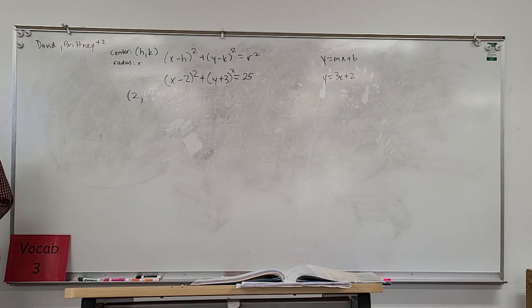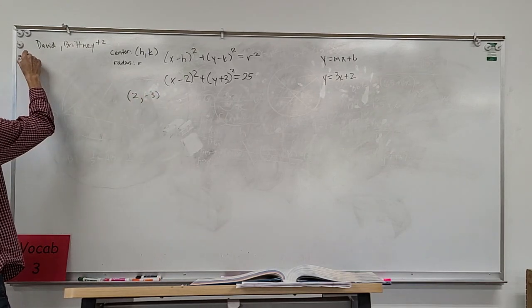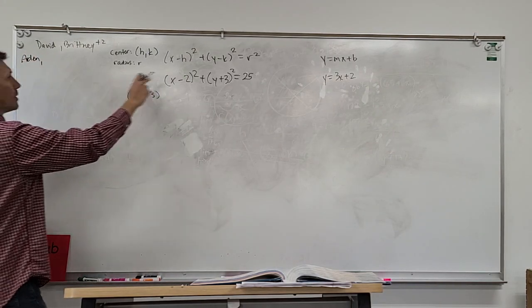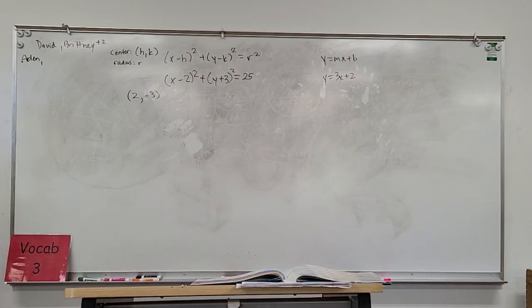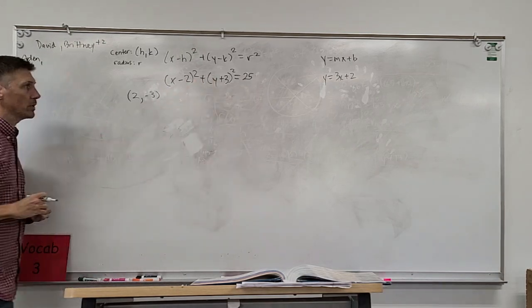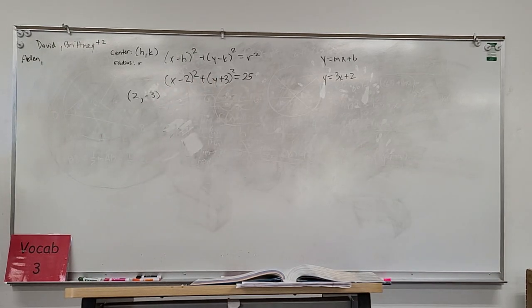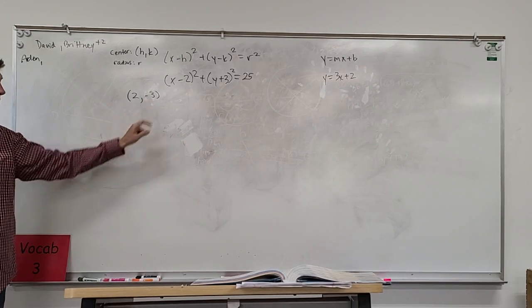What's my y coordinate going to be? -3, right? It's -3 because the equation for the circle has a minus in front of the h and a minus in front of the k. So if you've got a plus between the y and the number, then the value that goes in the coordinate is going to be negative, okay?